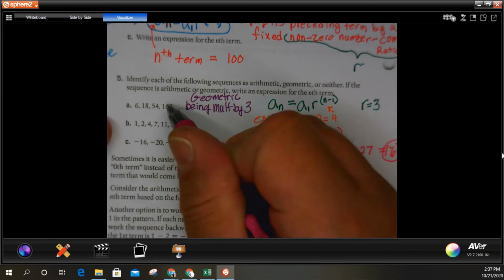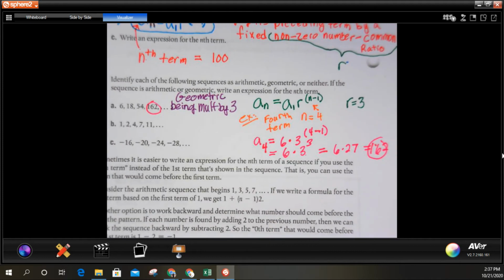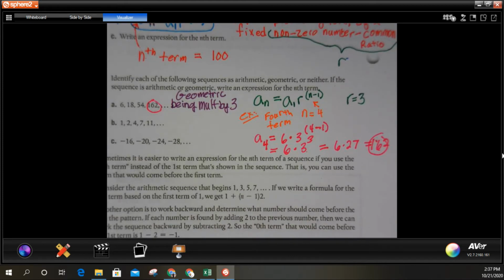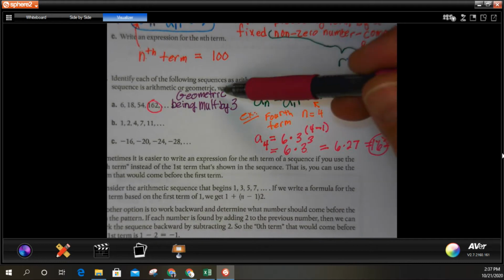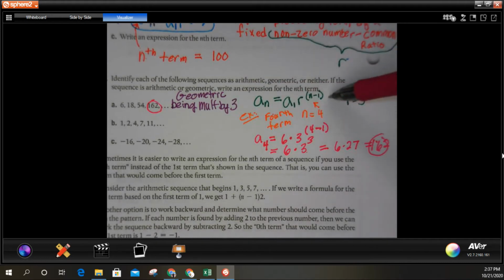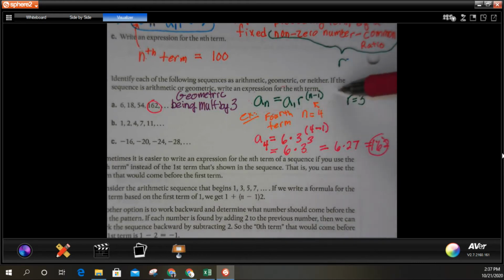Now, if I look at my sequence here, my fourth term is 162. It's a lot of work, and sometimes it's hard to understand, but getting this general formula for the sequence is not an easy thing.